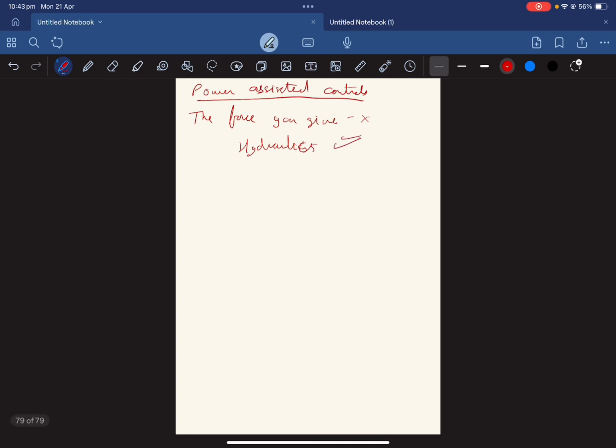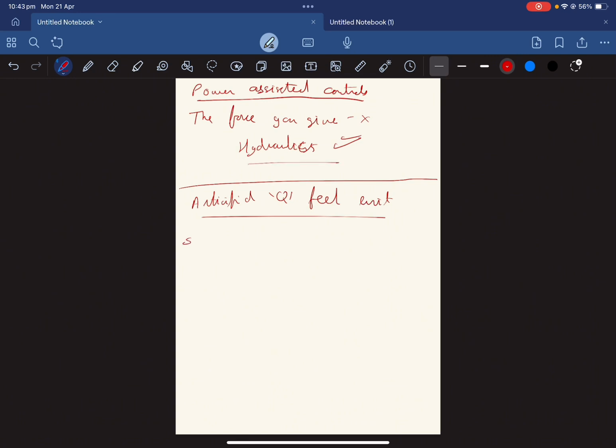Let's talk about one more thing, that is the artificial Q feel unit. So what is this? Let's say you're flying an aircraft with fully powered flight control. That means the entire flight control is handled by hydraulics.